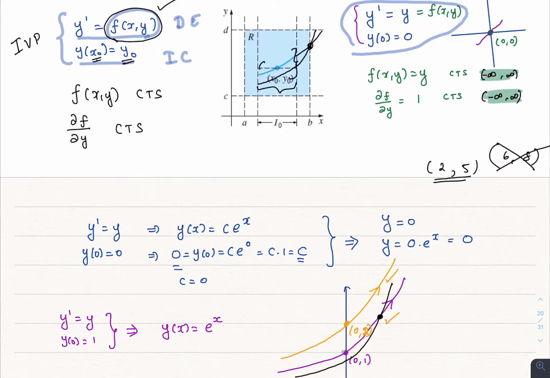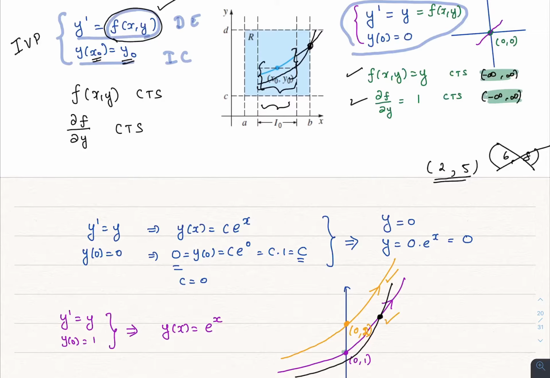If the initial value problem satisfies these two conditions only in this region, I can only guarantee the uniqueness only in this region. Beyond that, it may still be a unique solution, it may not, but I don't know, right?